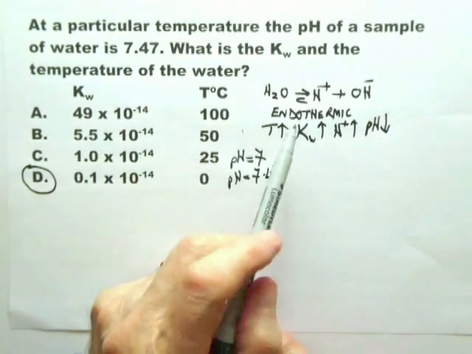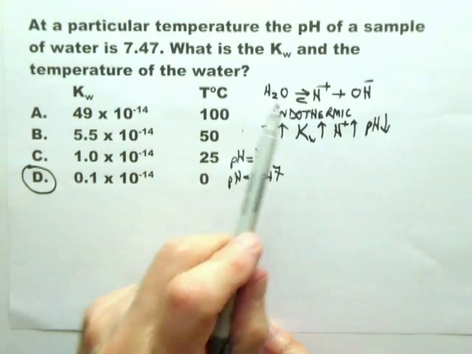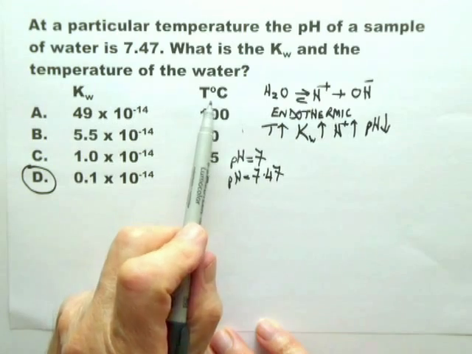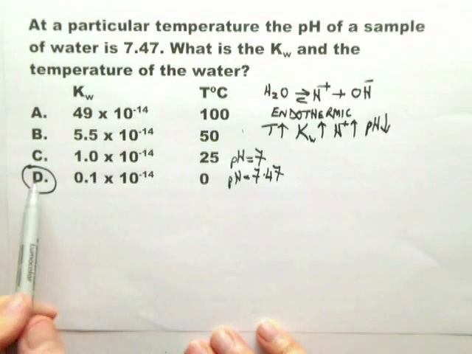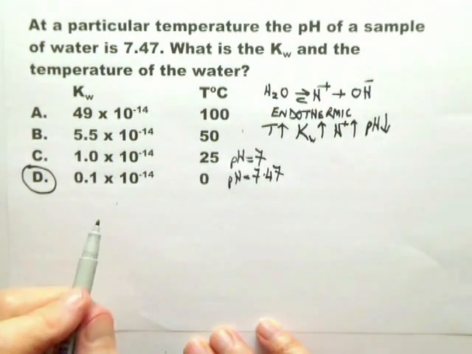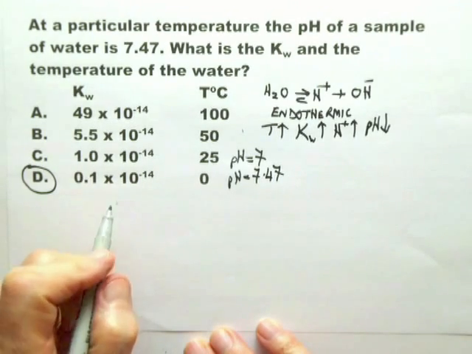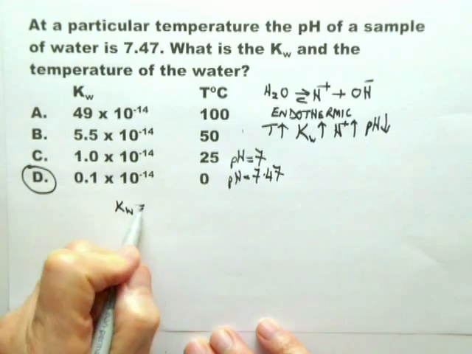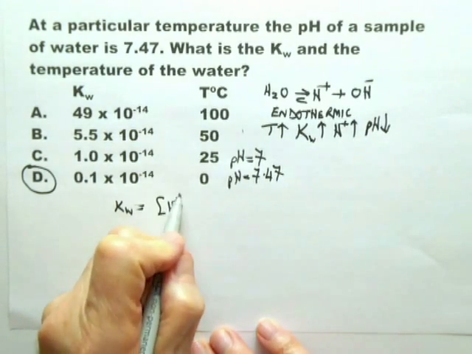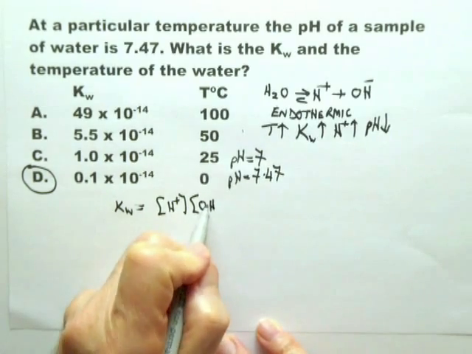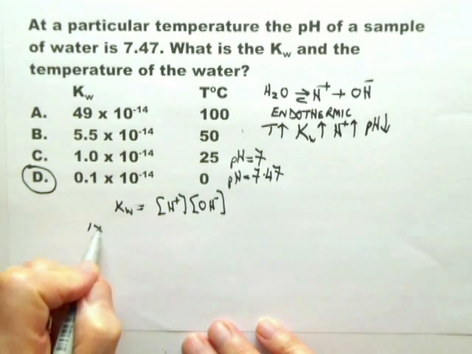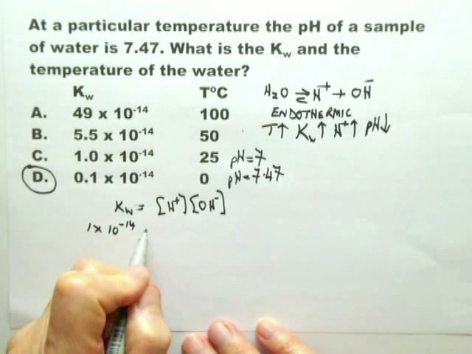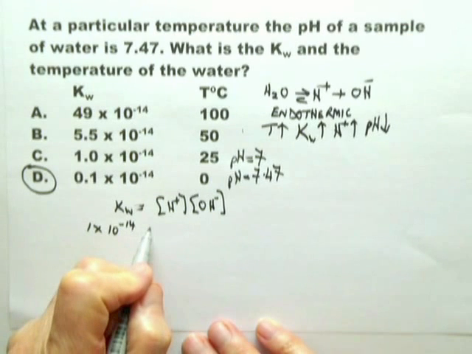Simply because we know that this equation is endothermic, and as temperature rises, we know pH falls. So there can only be one answer, D. So that's one way of doing it. The second way of doing it is to remember that Kw equals the concentration of H plus times the concentration of OH minus, and when Kw equals 1 times 10 to the minus 14, we know that the concentration of hydrogen ion equals the concentration of hydroxide ion.